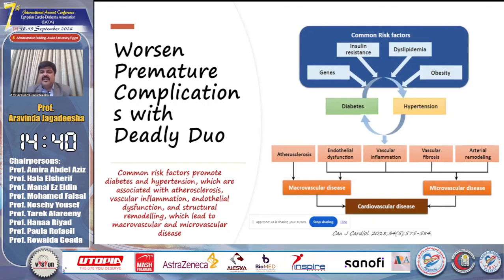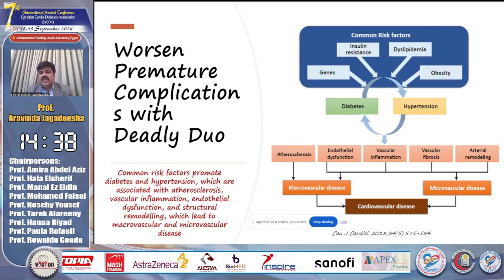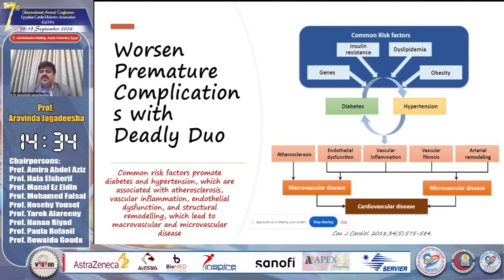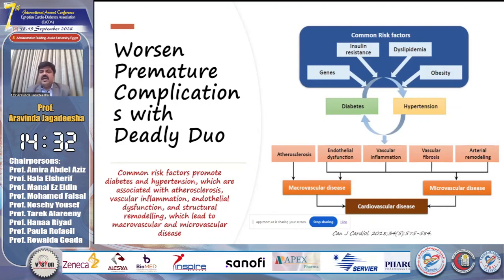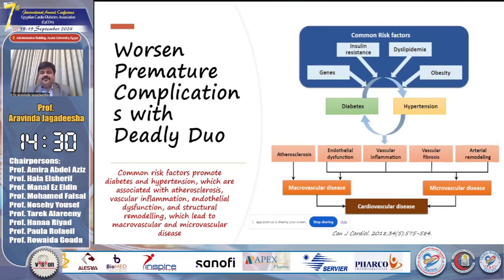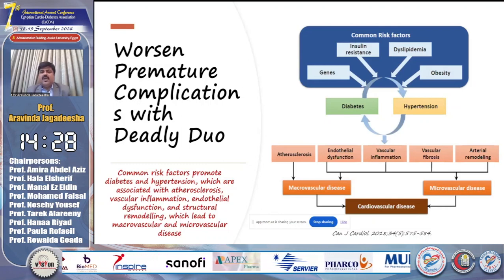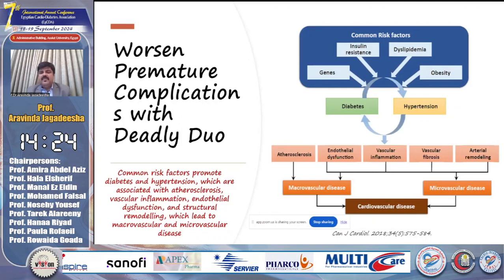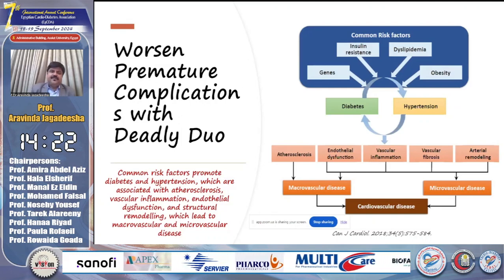Both of these are interlinked, causing atherosclerosis, endothelial dysfunction, vascular inflammation, vascular fibrosis, arterial remodeling, leading on to macrovascular disease and microvascular disease, ultimately major cardiovascular disease.